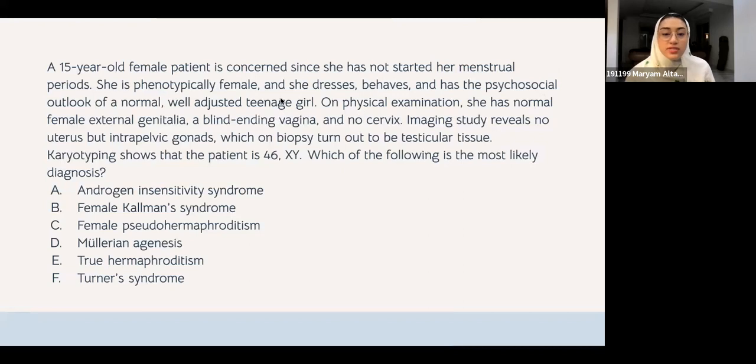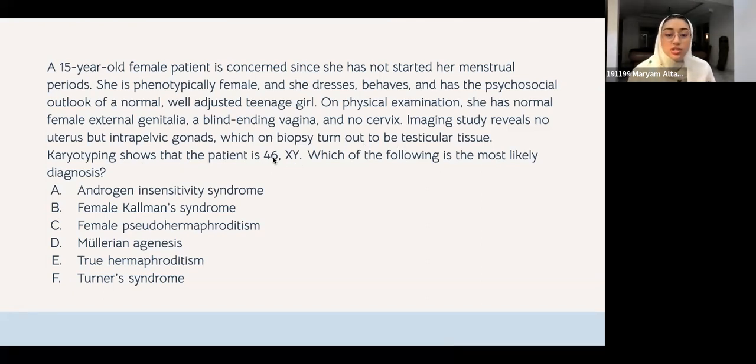She dresses, behaves, and has a psychosocial outlook of a normal, well-adjusted teenage girl. On physical examination, she has normal external genitalia, a blind-ended vagina, and no cervix. Okay. Imaging study reveals no uterus, but intrapelvic gonads, which on biopsy turn out to be testicular tissue.